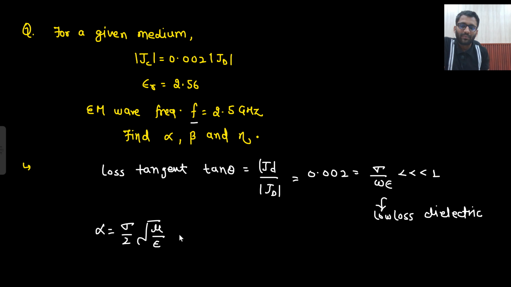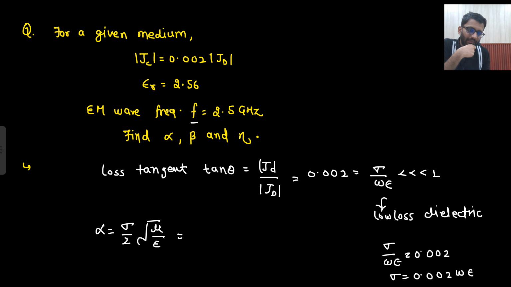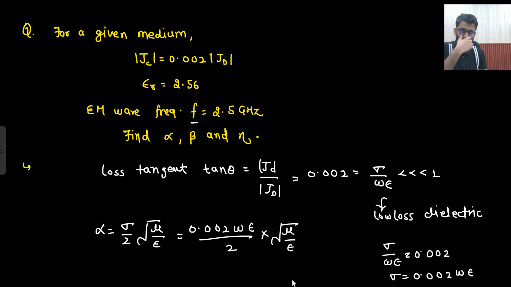Let's check what I can do. So sigma upon omega epsilon is equal to 0.002. So sigma is equal to 0.002 omega epsilon. So alpha is 0.002 omega epsilon by 2 under root mu epsilon, right?